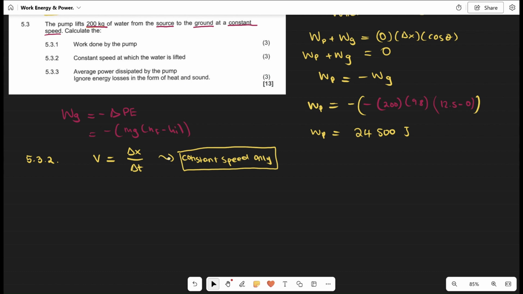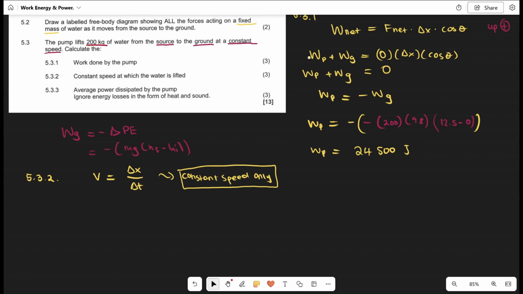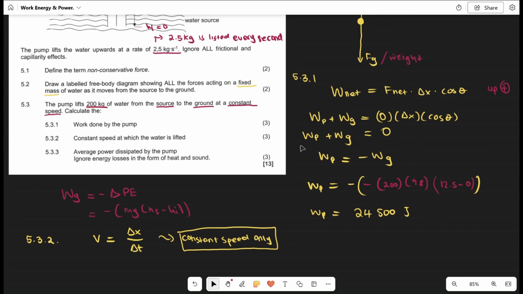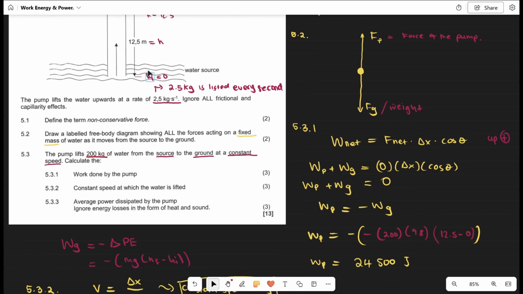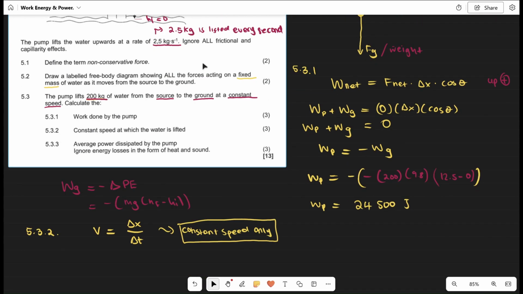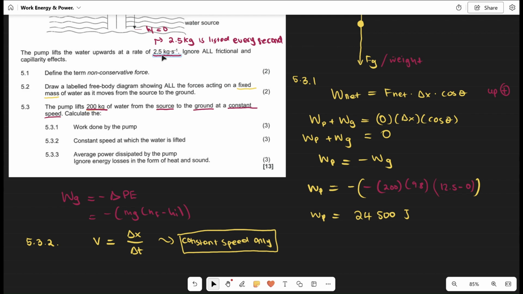But if you look at this, we don't have the time. We don't know how long it takes for 200 kg to move from the water source to the ground. But we know something: 2.5 kilograms is lifted every second.